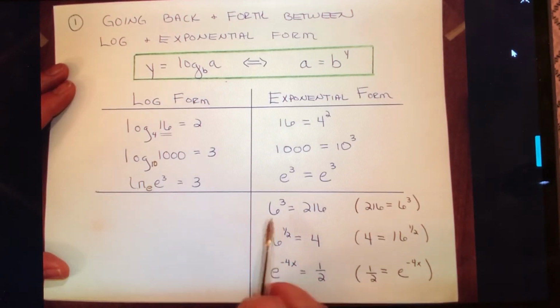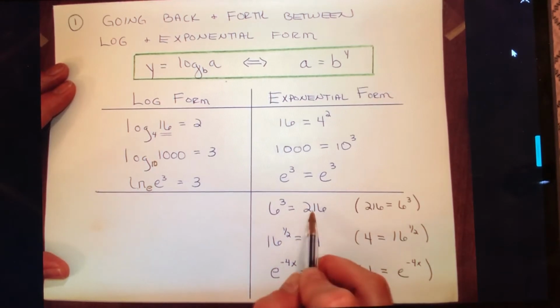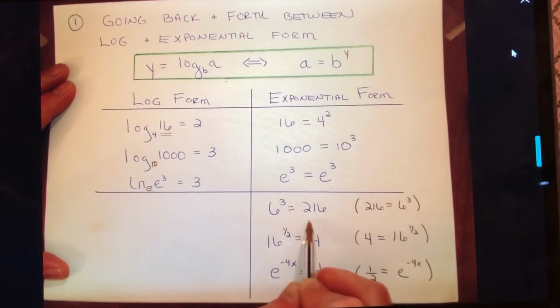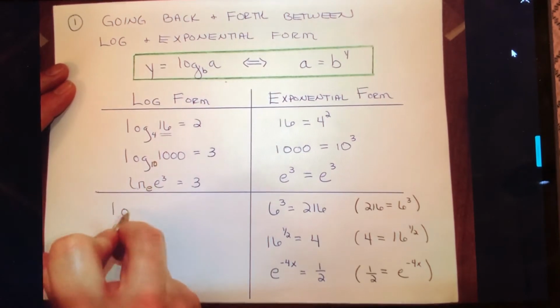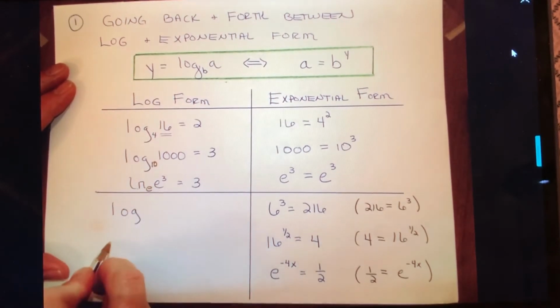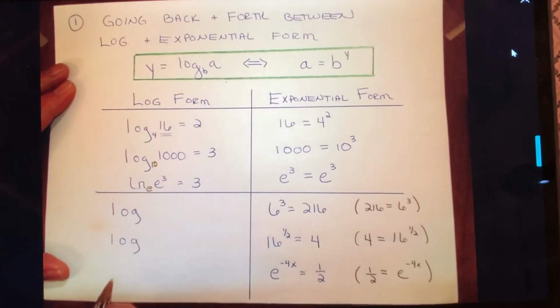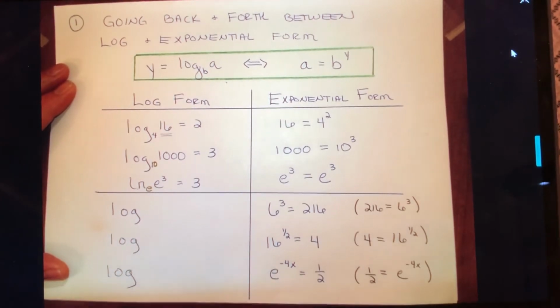So if you remember, when you look at the exponential form, this thing that's by itself, that is what used to be in the argument of the log. So to get ready for all 3 of these, I'm just going to go ahead and write the word log, because I know I'm going to be turning these into logs, okay? So that's the goal. The question is what goes where.